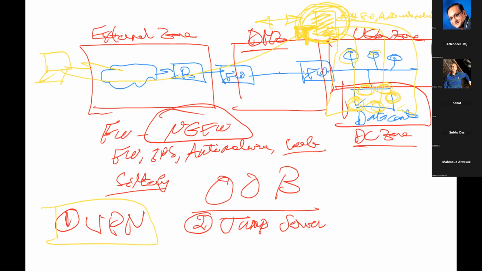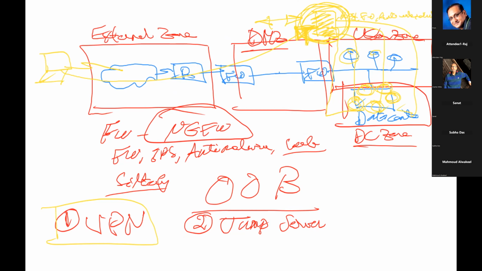This is what we call a jump server. And this is, again, a very important concept you have to understand. The administration can be done using two different techniques.